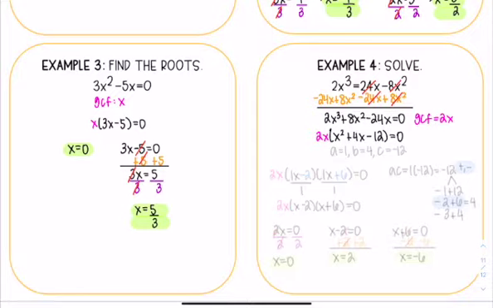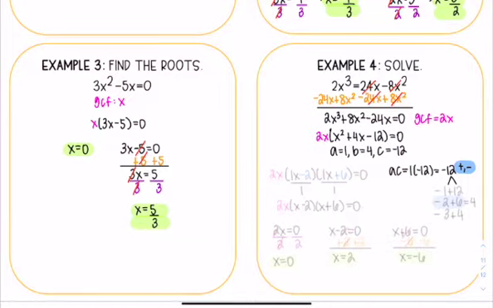And so we want to break down the x squared plus 4x minus 12. My a is 1, my b is 4, and c is negative 12. And so a times c, we have 1 times negative 12, which is negative 12. So we have to have one positive and one negative number.